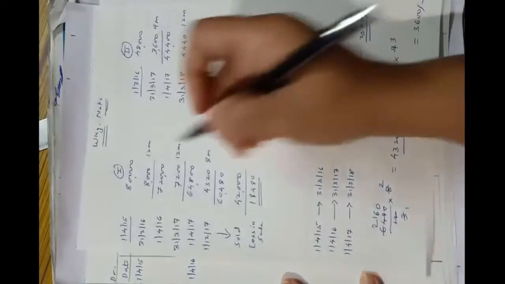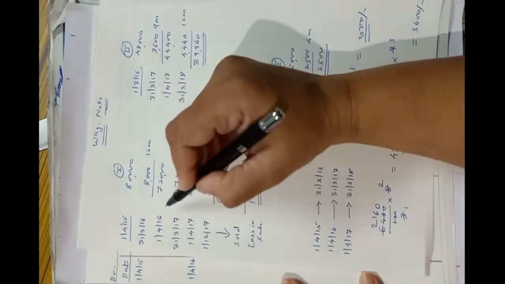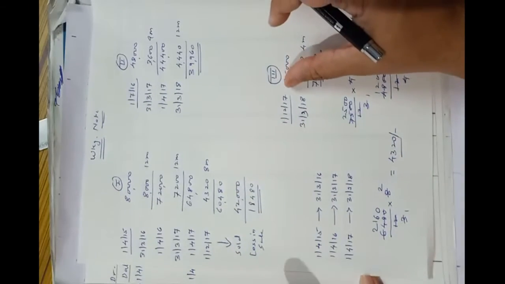See here, we have deducted depreciation, and on 1st April the written down value is 72,000.